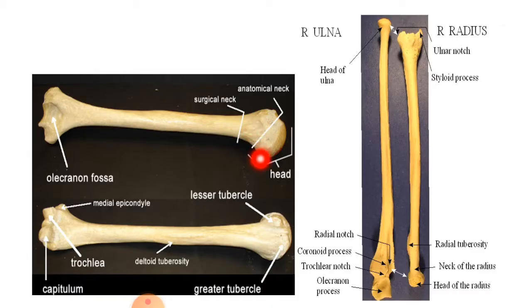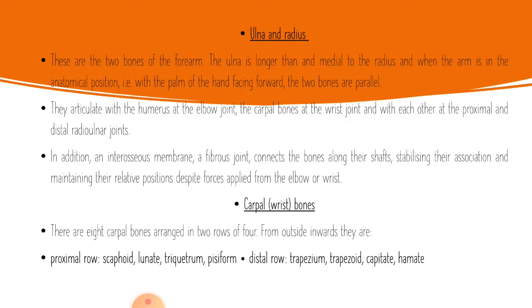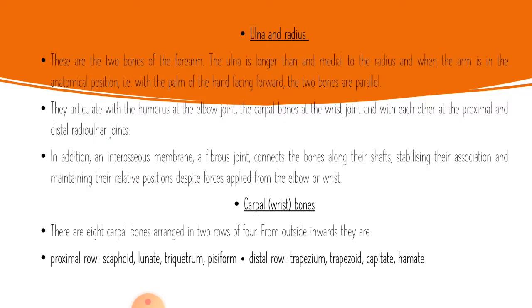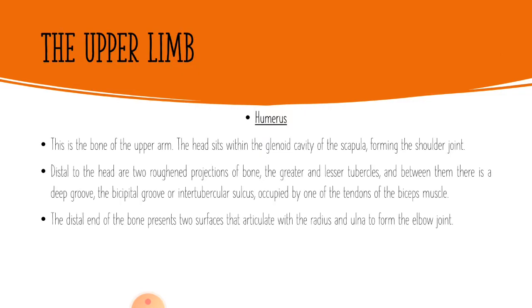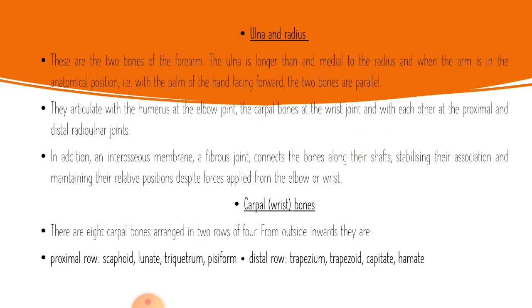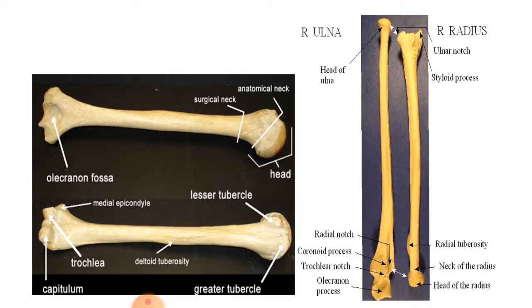The head is much bigger than the glenoid fossa. The shoulder joint is not as stable as the hip joint, but extracapsular and intracapsular ligaments provide stabilization of the shoulder joint.